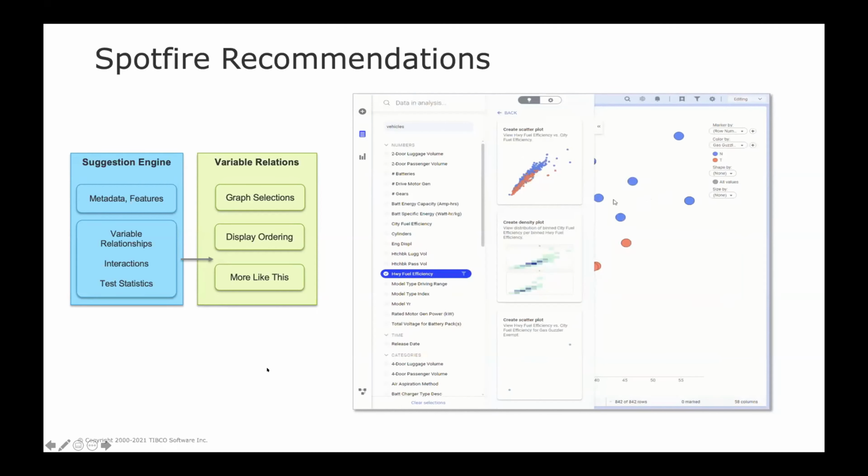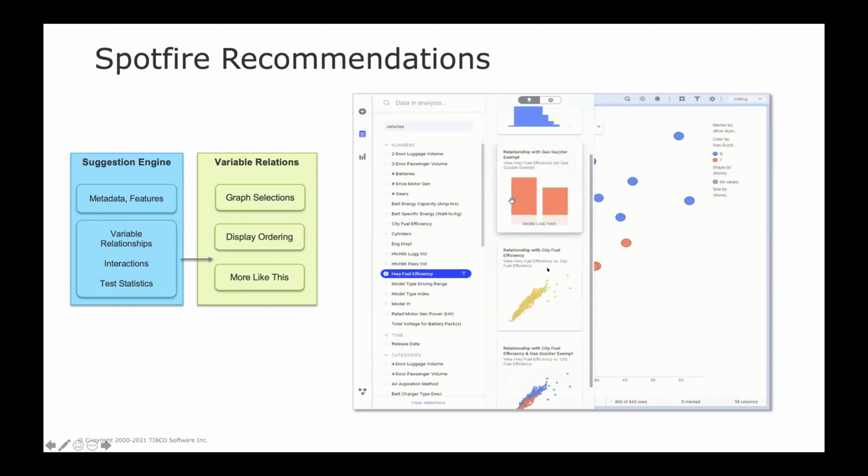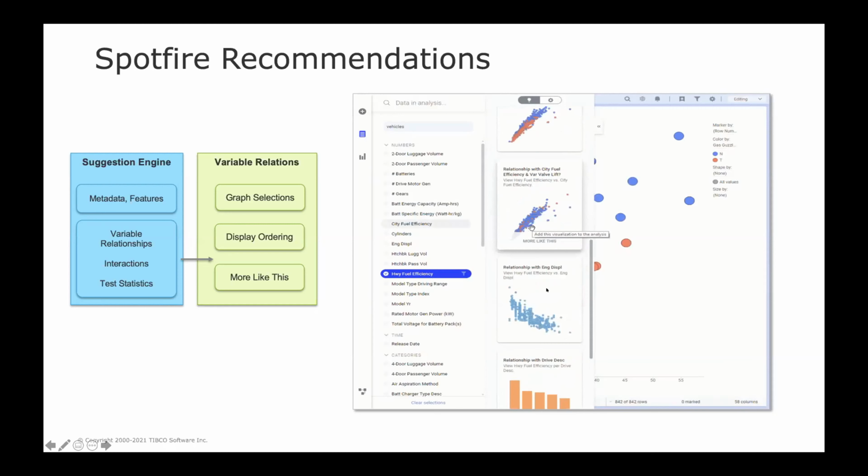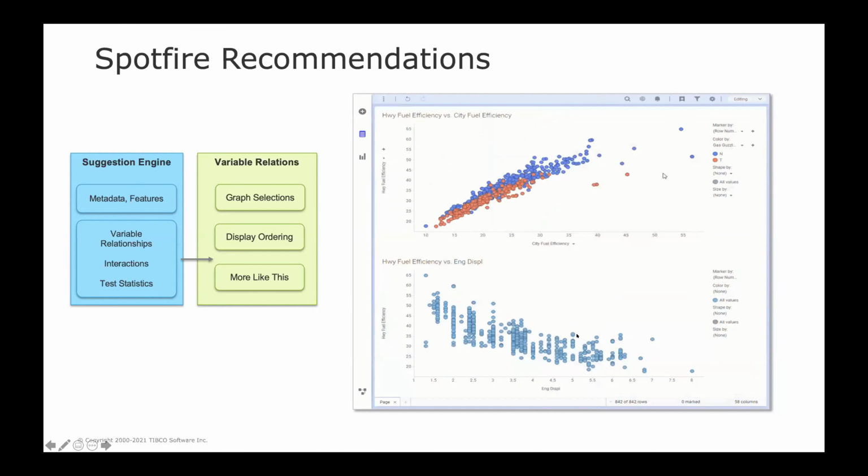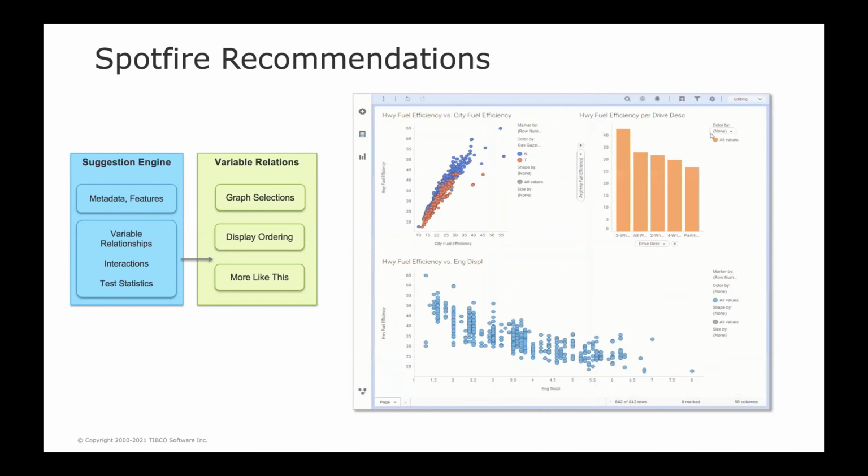They're sorted in order of the strength, but you can see some of them are colored by different variables. Some of them have a density arrangement. We pick up nonlinear relationships here, for example. All of the relationships are ordered with respect to the test statistic and presented to you in that order. But you're able to pick off whether it's a scatter plot or a density plot or a bar chart.